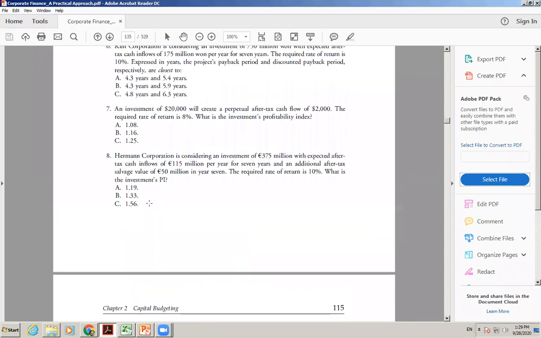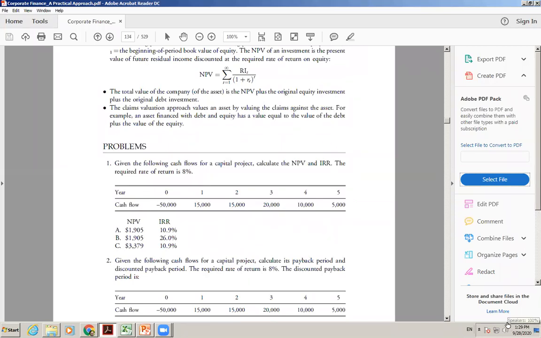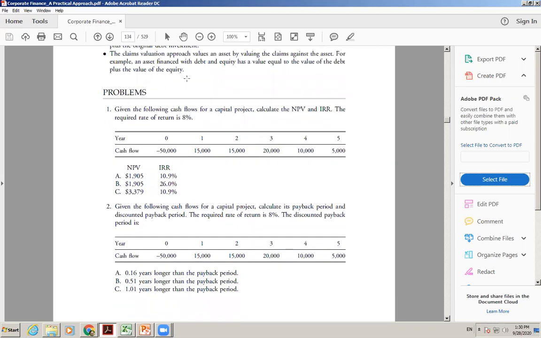Here are the questions. You have 45 minutes, if I'm not mistaken, by my watch. So go to the Moodle, if you didn't download it before, download it and start solving it.